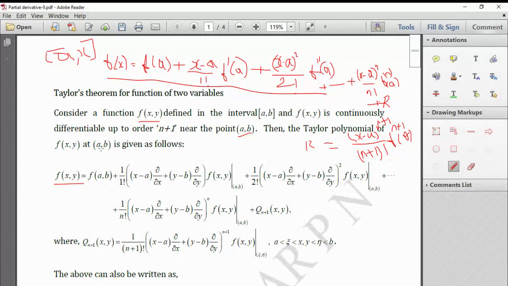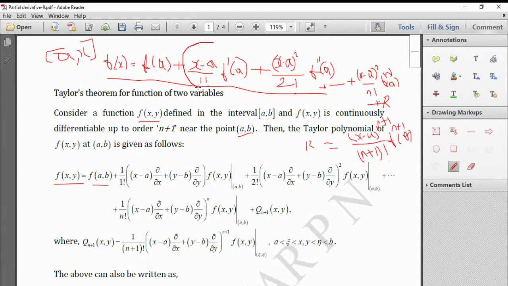So instead of f of x, we are having f of xy. Instead of f of a, we are having f of a comma b plus 1 by 1 factorial. Remember, in the one-variable case it is a total derivative, the derivative of f with respect to x at a. But here we are having partial derivatives because we have both independent variables x and y.